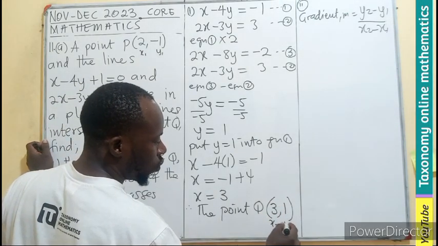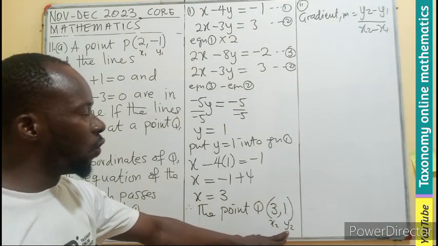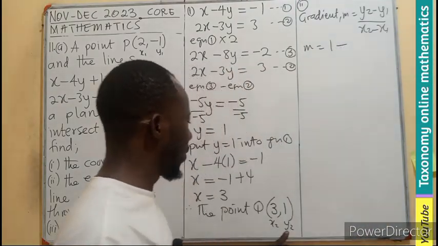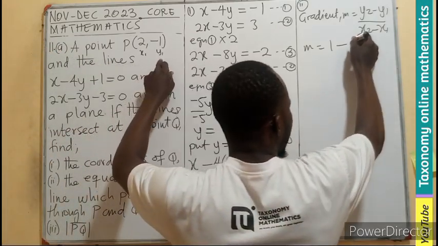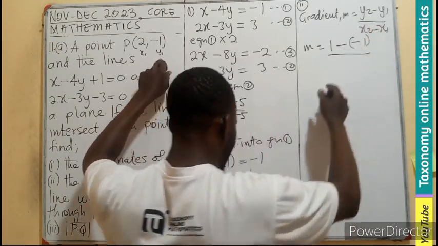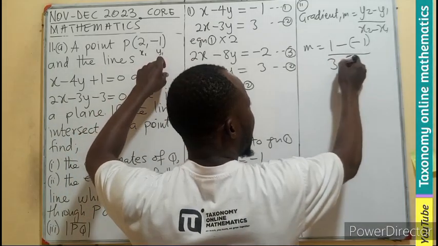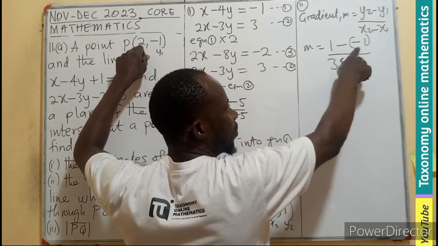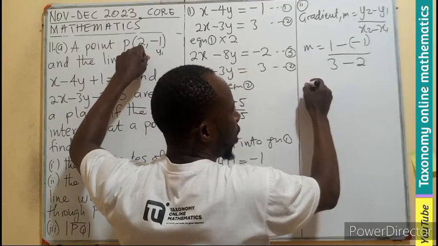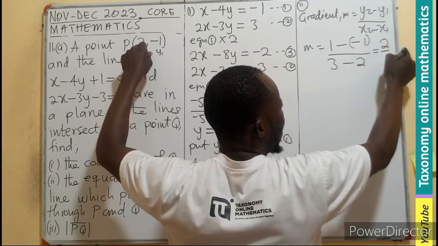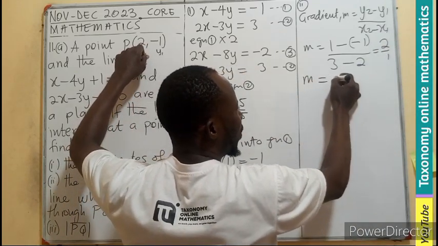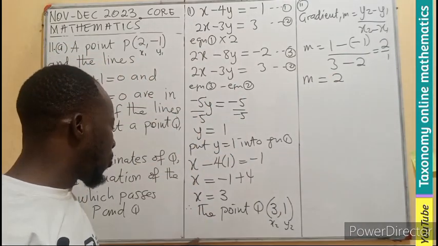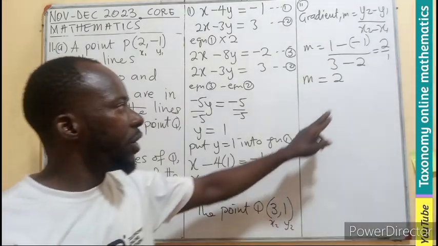This will be your x2, y2. So m equals y2, which is 1, minus y1, which is negative 1, divided by x2, which is 3, minus x1, which is 2. Don't forget, minus becomes positive. So your gradient is 2 divided by 1, which is 2.